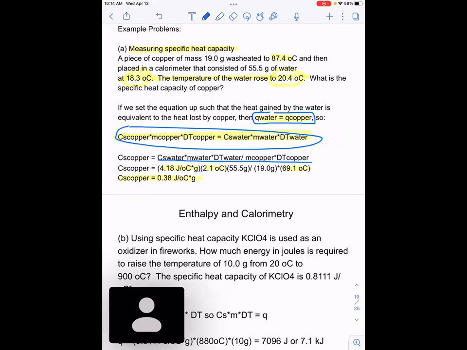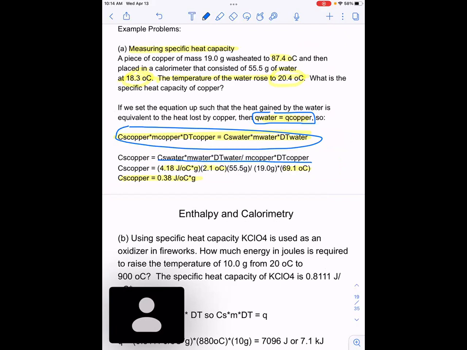When you add the hot copper to the calorimeter, the heat that's given off from the copper is the same as the heat that's gained by the water. And so that is the relationship that allows us to set the two specific heat equations equal to one another, and then solve for the other.